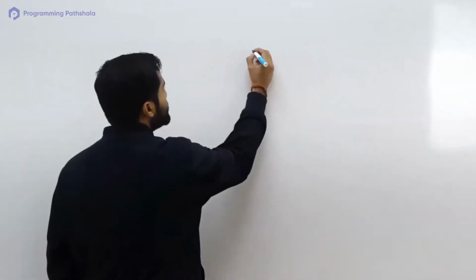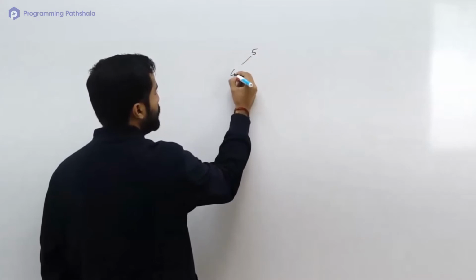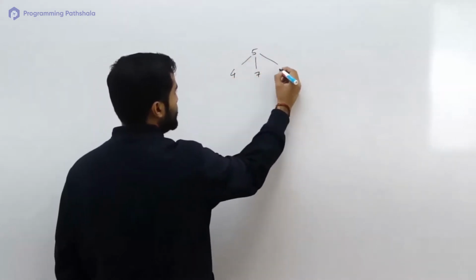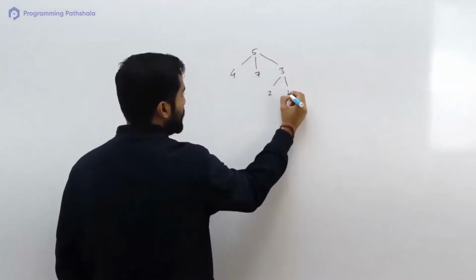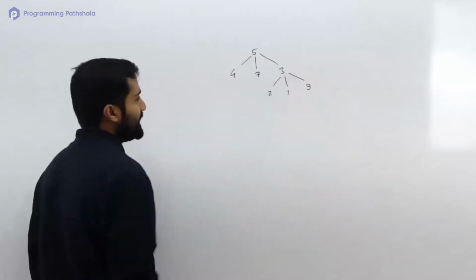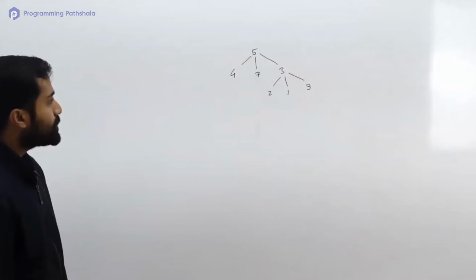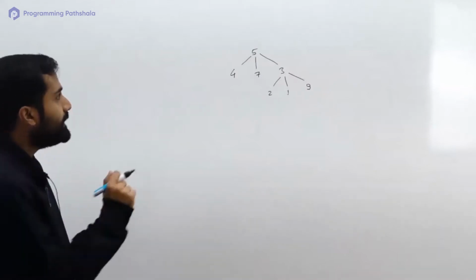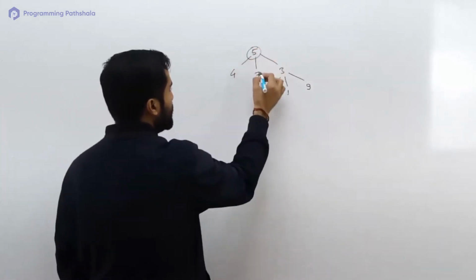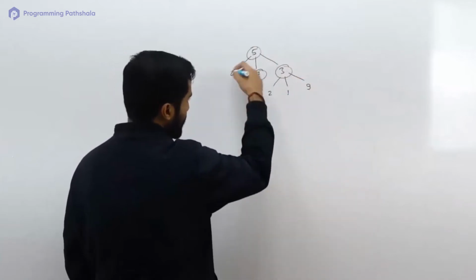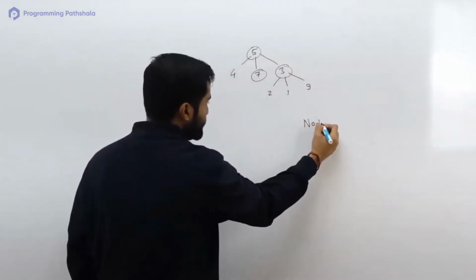Let's say you have a very simple tree like 5, 4, 7, 3, 2, 1, 9, something like that. And it can go on and on. It can go below as well. So here, everything that you see, 5 or 7 or 3 or anything else, is called a node.